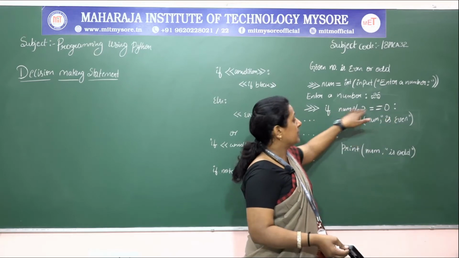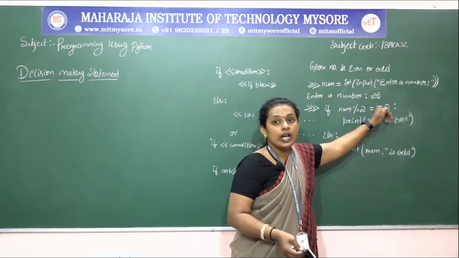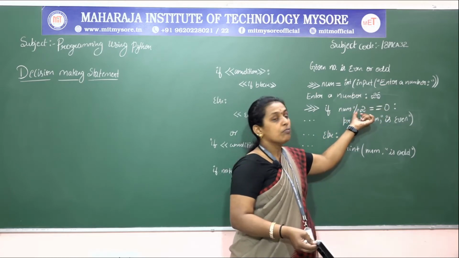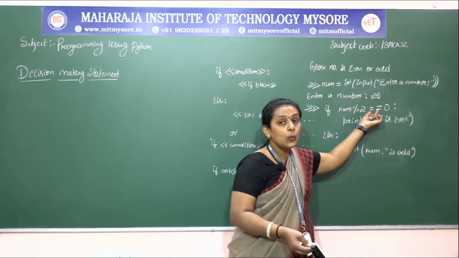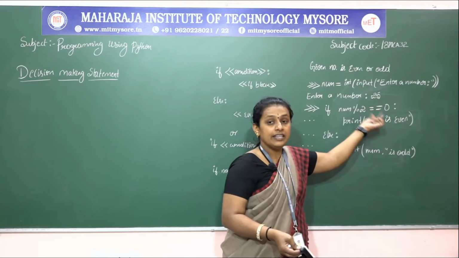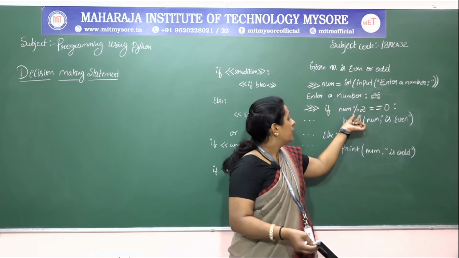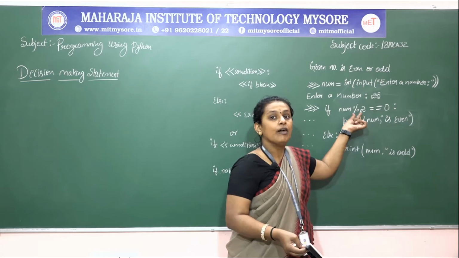Yes. The operation will be performed from left to right. When comparing the modulus operator and the double equals operator, which has the highest precedence? The arithmetic operator has the highest precedence, so the modulus operator will be performed first.